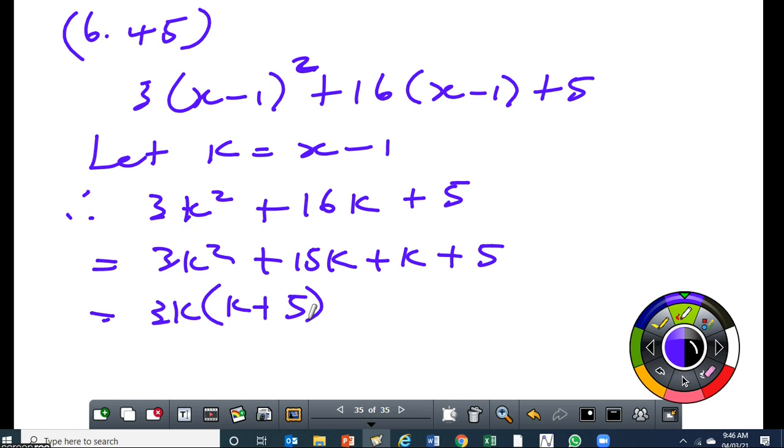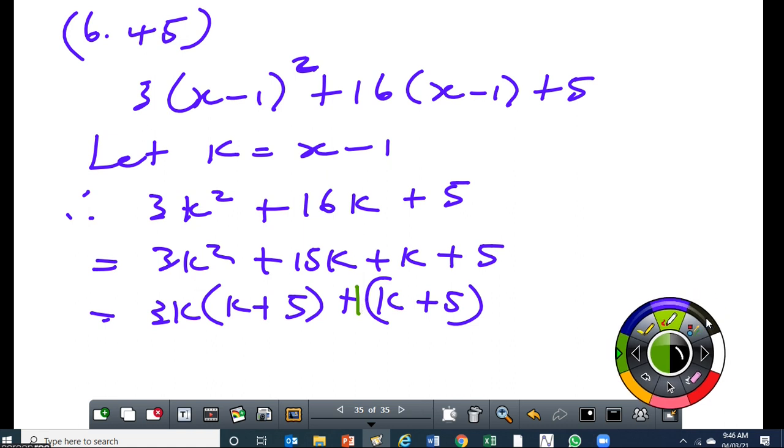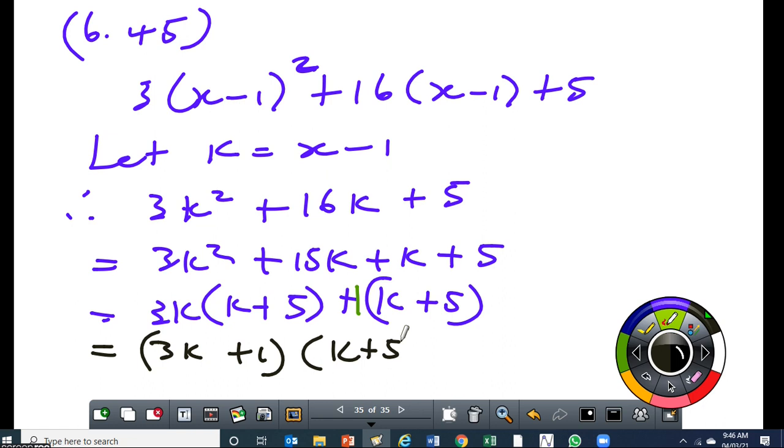Then there I'm going to have plus k plus 5. I would encourage you to put a 1 here. I'm going to use a green color. Put the 1 outside the bracket. Once you have got your two binomial factors, then it becomes easy. So the final answer in terms of k is going to be 3k plus 1 times k plus 5.